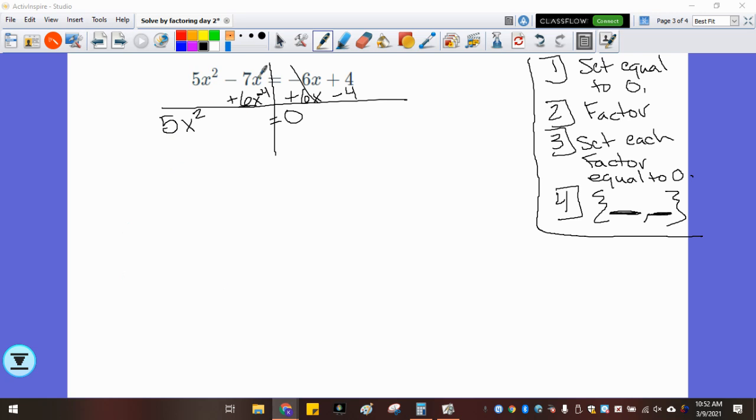We have 5x squared minus 7x plus 6x. We can combine this.